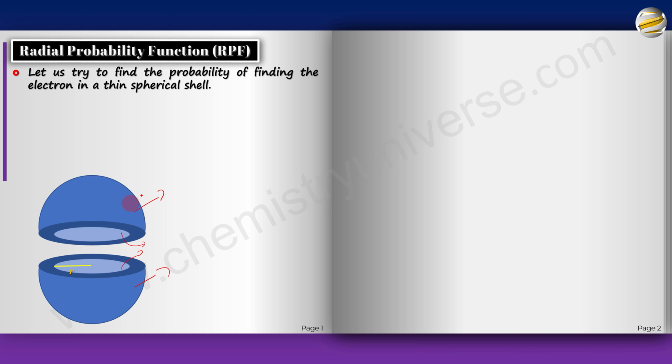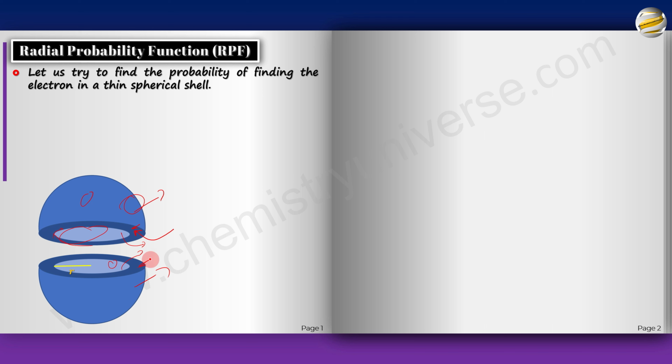So the dark blue is the outer shell, outer sphere, and the light blue is the inner sphere. And we are trying to find the probability of electron in this region, thin spherical shell. So if I were to remove the volume of the smaller one from the bigger one, I'll be only left with this shell, this part, the darkest part.